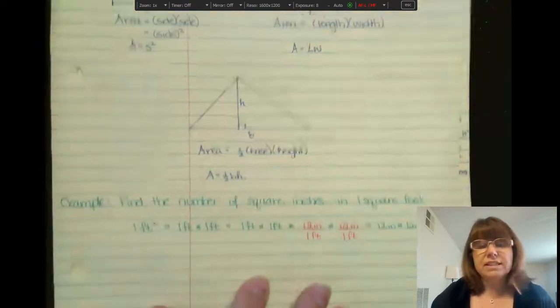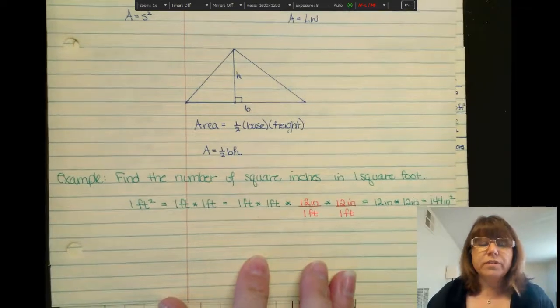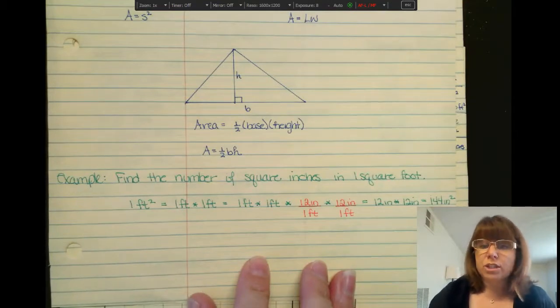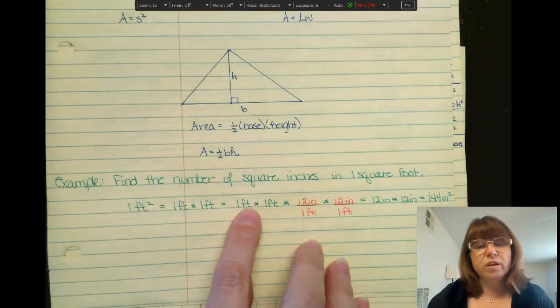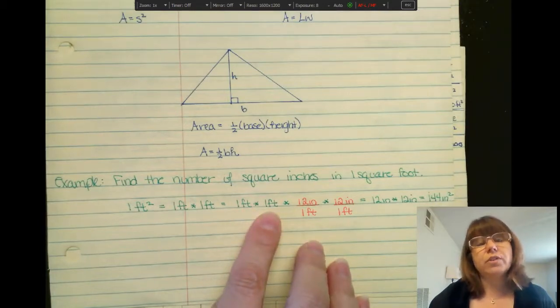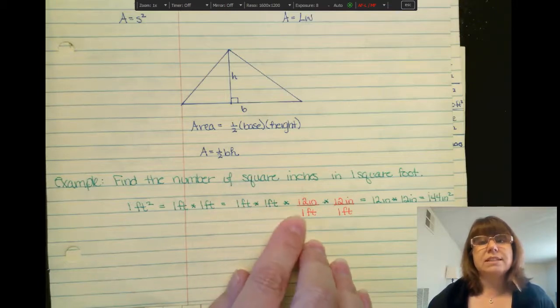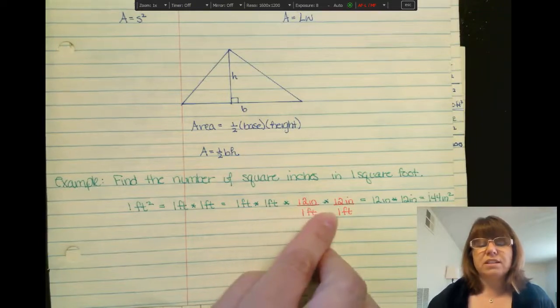So let's consider a square foot. Well, a square foot is a foot times a foot. And if we want to know how many inches that is, then each of these 1 foot I have to convert over to inches. So 1 foot times its conversion factor, as well as the second foot by its conversion factor.